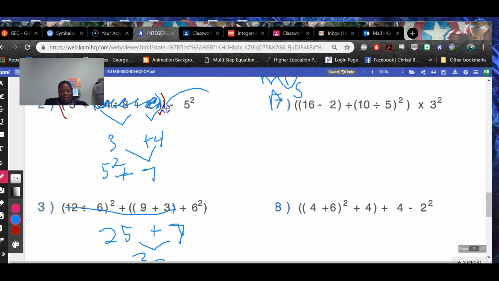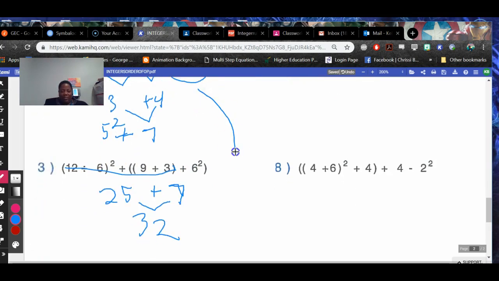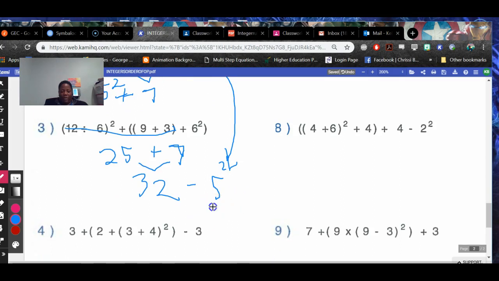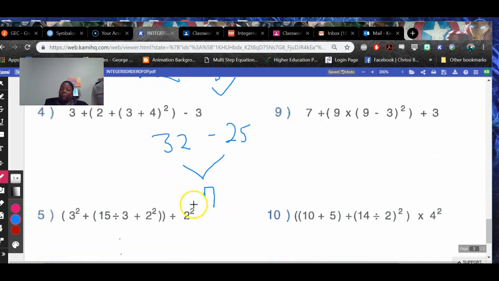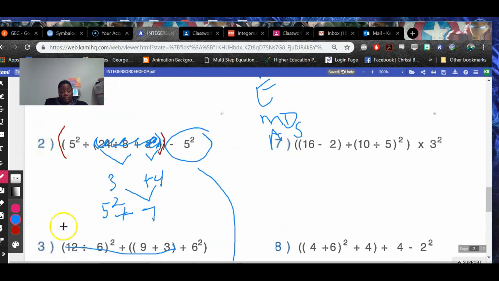And then, this is what's left, my minus 5 squared. Right? So minus 5 squared. Do this. You see that's 25. Bring down what you had, which is 32, minus the 25. My final answer will be 7. For number 2.